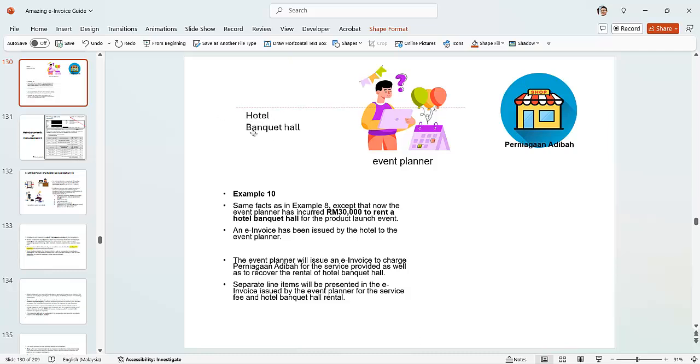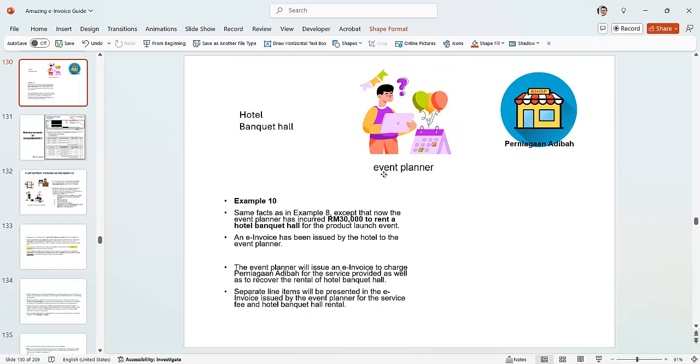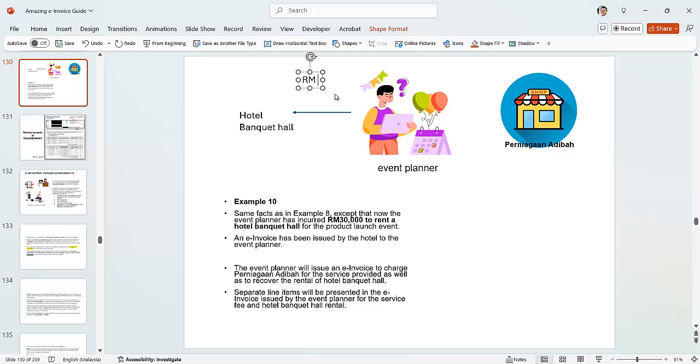This is very common. What happened is that the event planner has to pay in advance for this space. It pays here in advance, how much? It's 30,000, for the rent for a day.